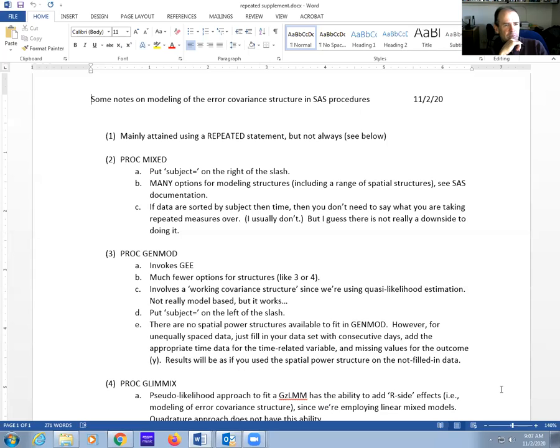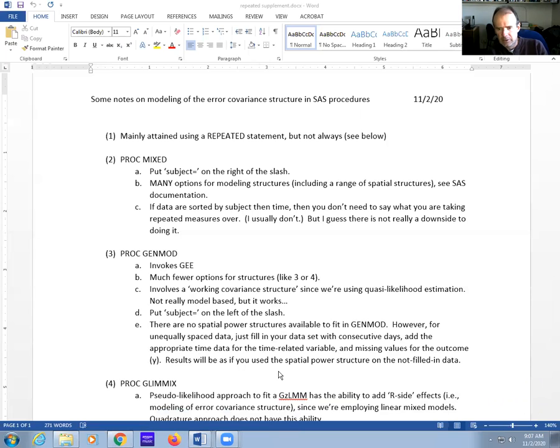So as far as the repeated statement, that's how we model the error covariance structure, or the R structure, we call it a lot of times. So we use the repeated statement, and we know that the common thing that we use that for is serial correlation.